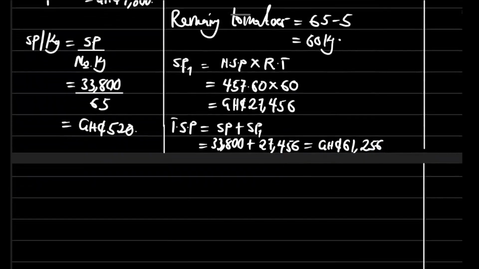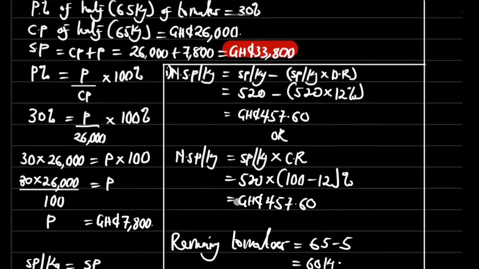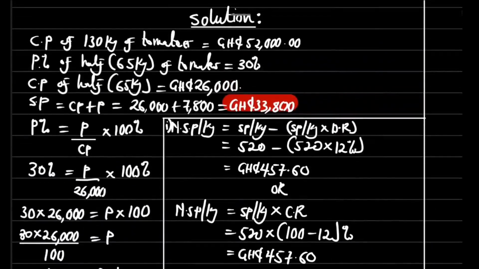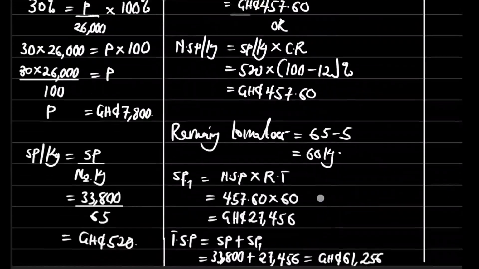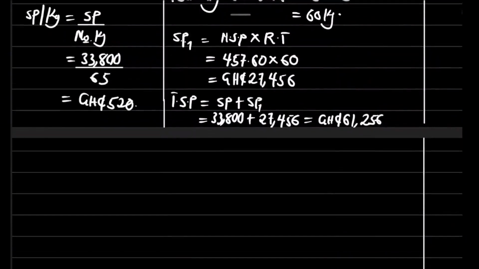But we also know that the cost was given as 52,000, that you can see here. So we need to calculate our profit before we can calculate the profit percentage. Our profit is equal to the total selling price minus the total cost price.